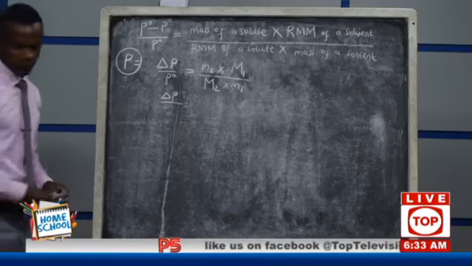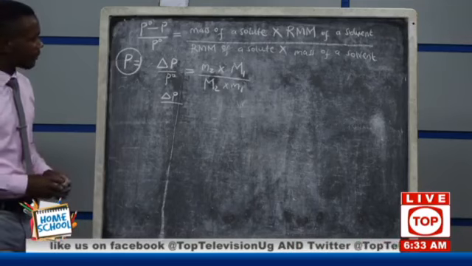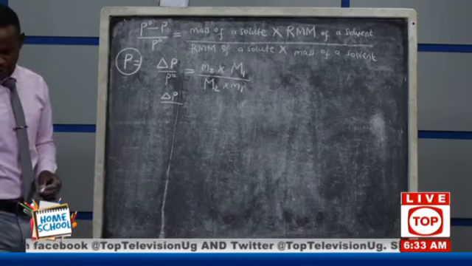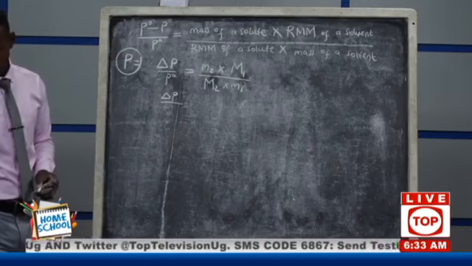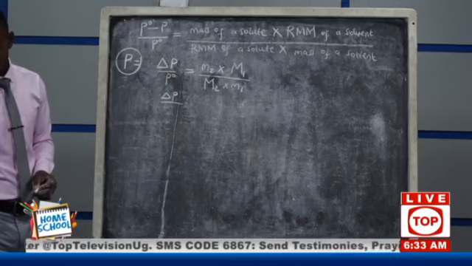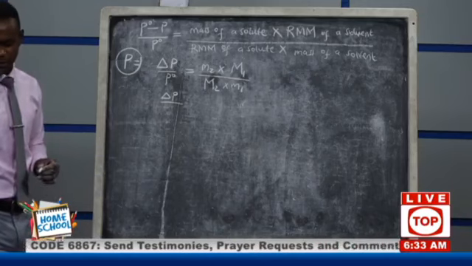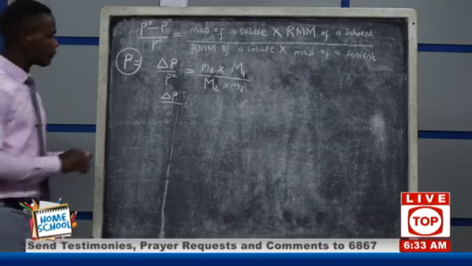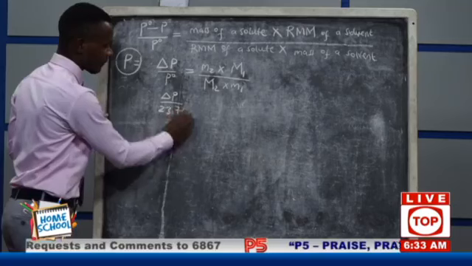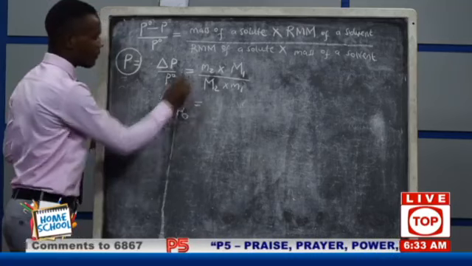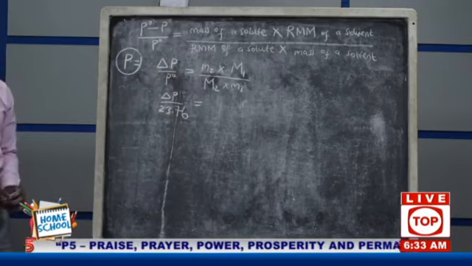P naught has been given as 23.7. Let us check in the question. The vapor pressure of water is 23.76. Okay, 23.76 will be equal to, you keep substituting, mass of the solute.